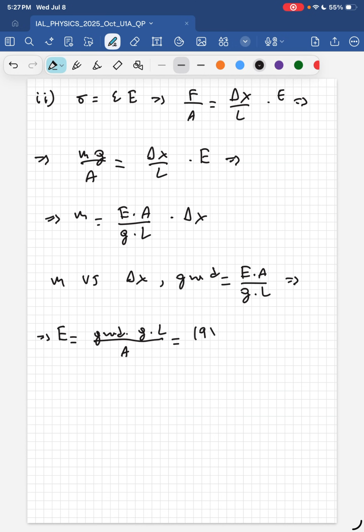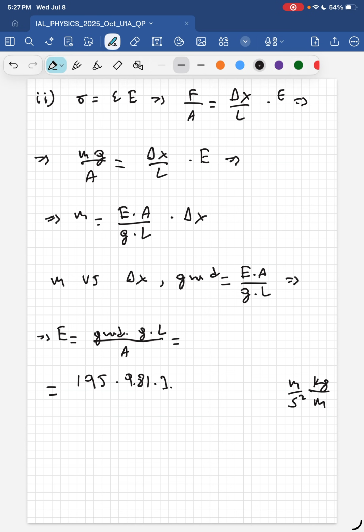We have 195 as the gradient, and I will put the units all the way to the right, so kilograms per meter, and then g is 9.81 meters per second squared.